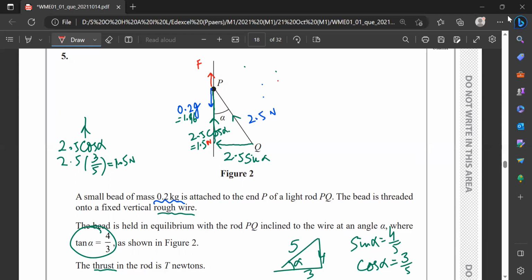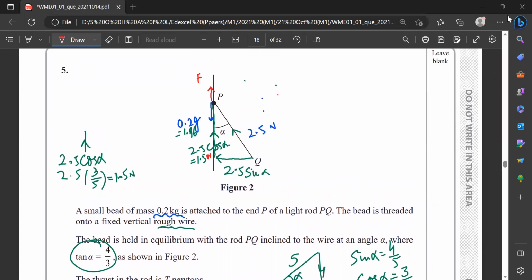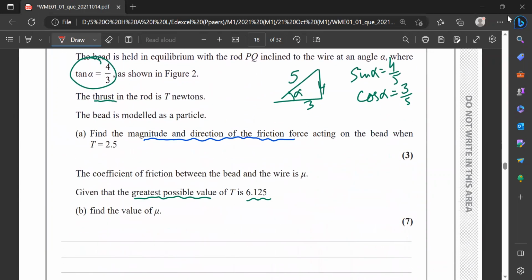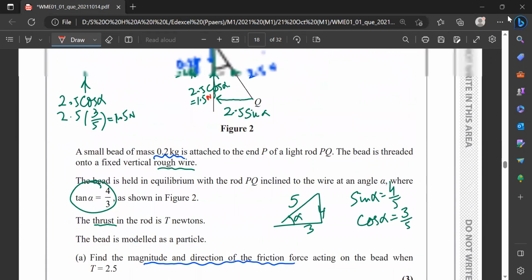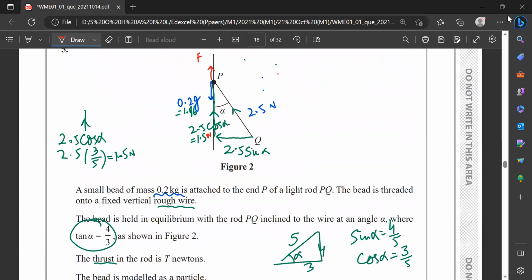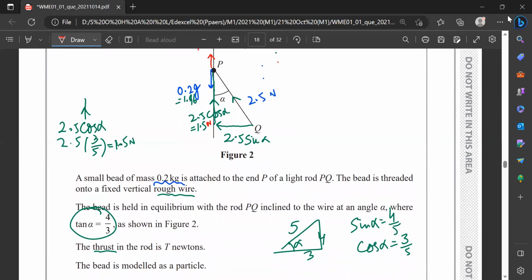So F plus 1.5 equals 1.96. The question is to find the magnitude and the direction of the friction force for part A. The direction is upwards, and the magnitude is simply upward forces equal to downward forces. Upward is F newtons and 1.5, both arrows are in the upward direction, and the downward is 0.2 g.